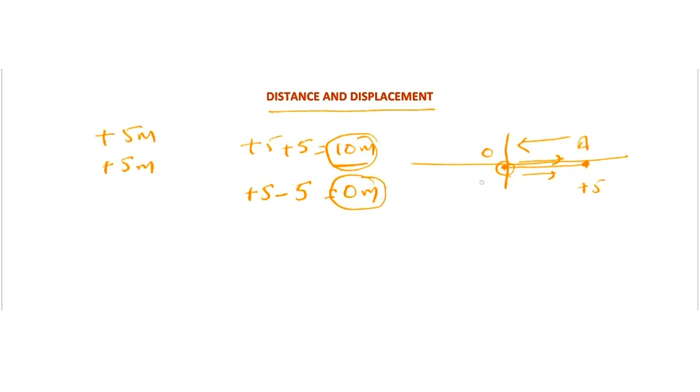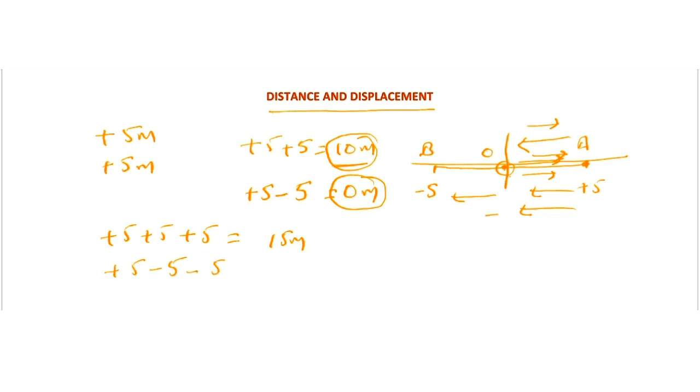Now again, this body moves to this side, to point B, the minus 5 mark. Now the total distance is 5 in this direction, 5 in this direction, and again 5 in this direction. It becomes 15 meter. But for displacement, it is plus 5 from O to A, minus 5 from A to O, and minus 5 again from O to B in the negative direction.